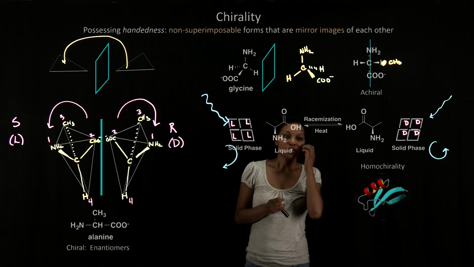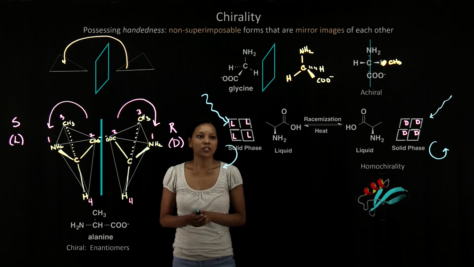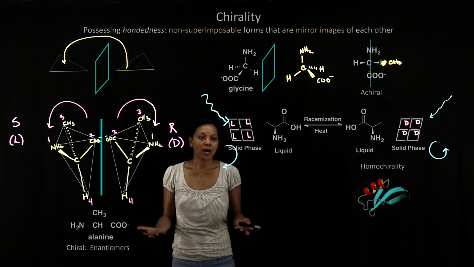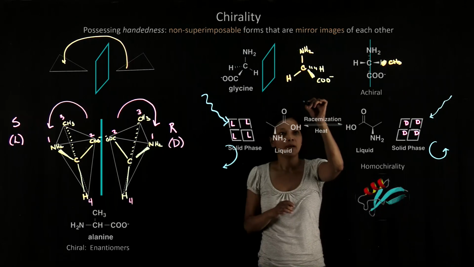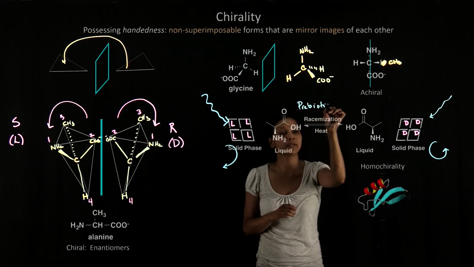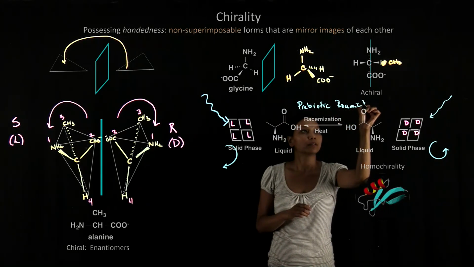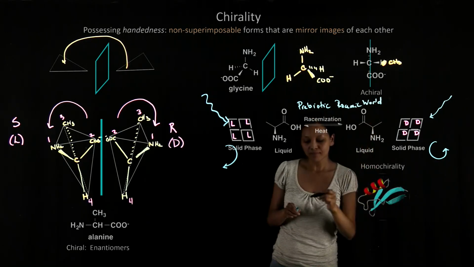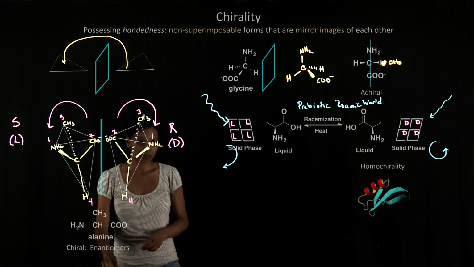And so this is very interesting because as prebiotic chemists, we often want to know how did homochirality emerge from what could have been a prebiotic racemic world. And I will draw that up here, prebiotic racemic world. And so we have to think about the ways in which this can occur.